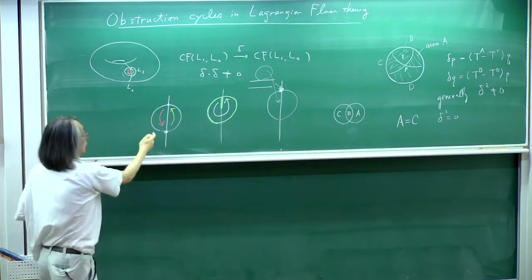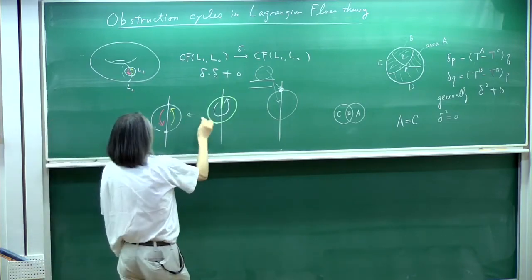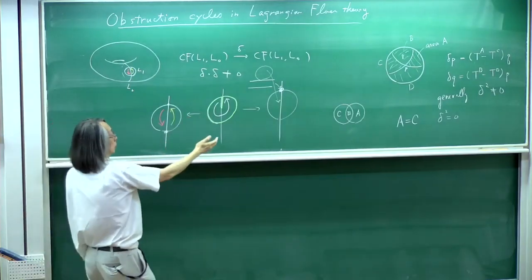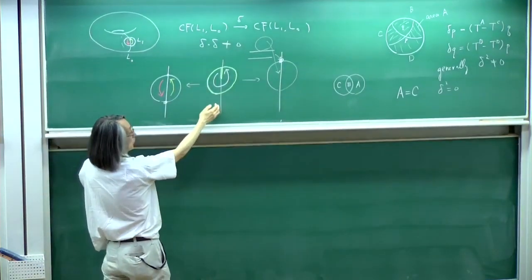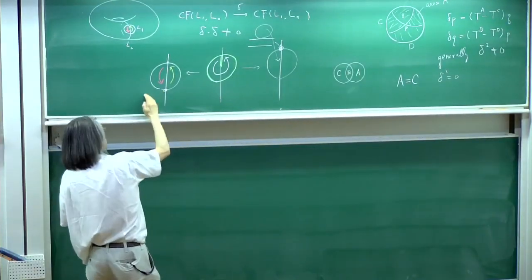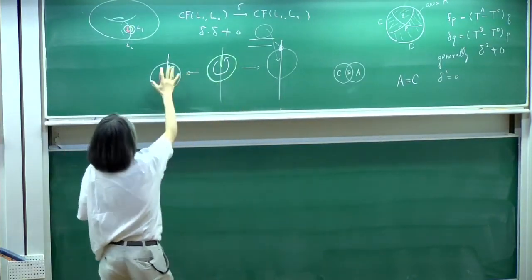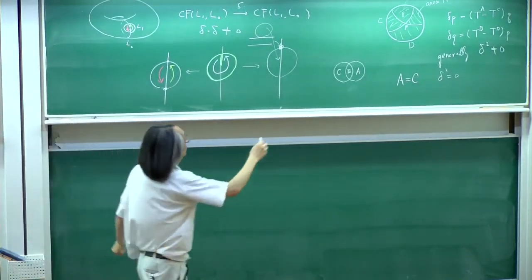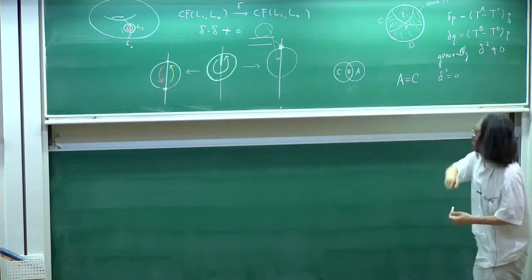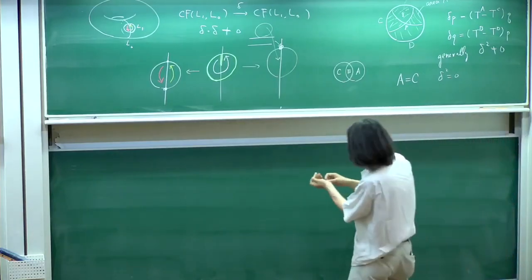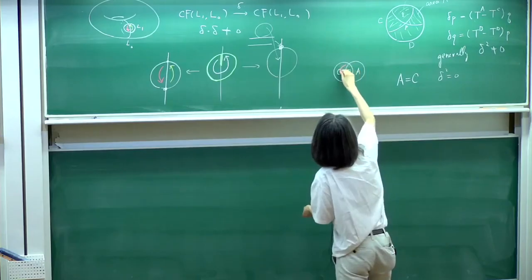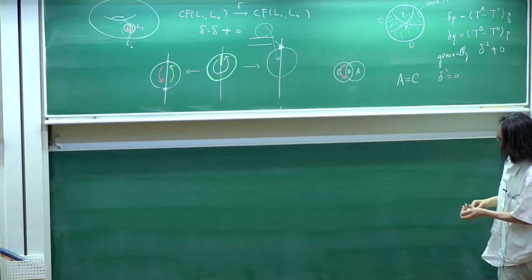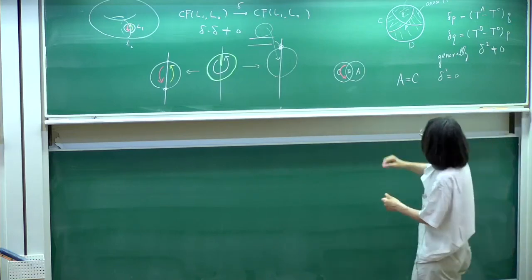So this end does not correspond to this. So this is a different end. So therefore, even though you understand the moduli space of dimension 1, there is another type of boundary. So therefore, this cannot be equal to 0. Yeah, delta square is not equal to 0. But in this case, certainly, you have the same thing, right? Because the red one is from here to here, right? And we also have this one.